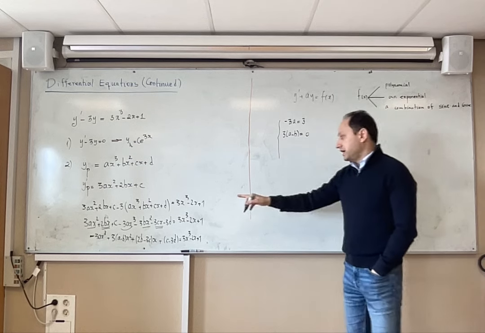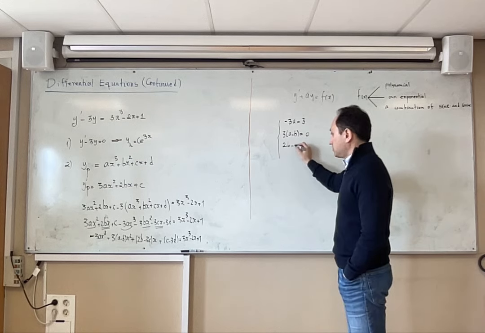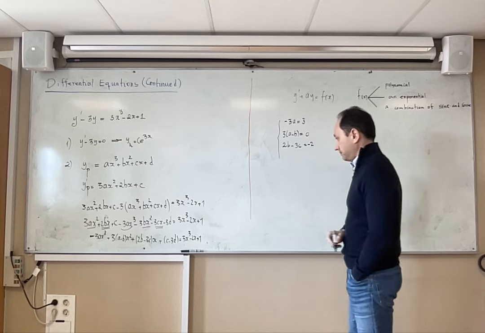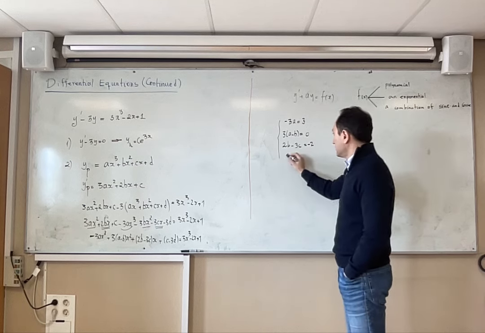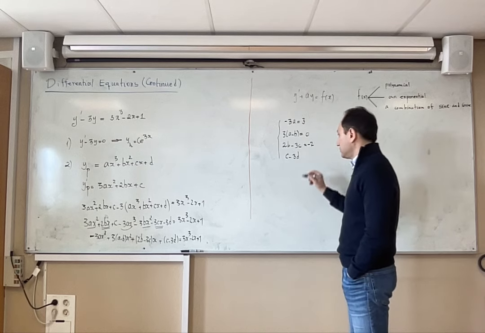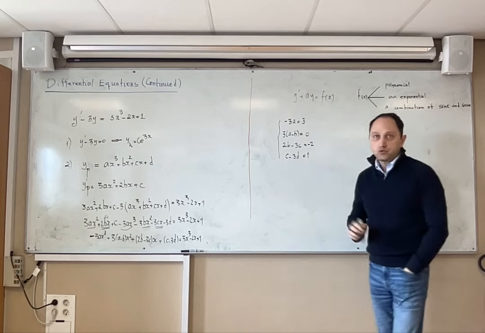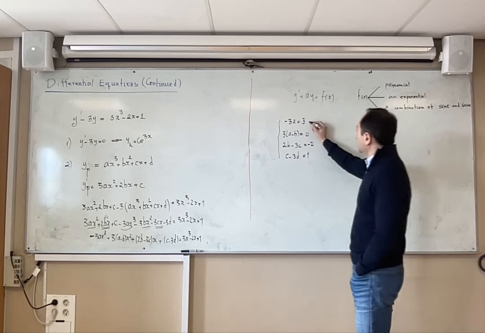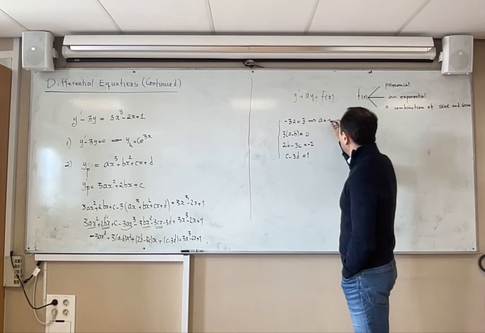The coefficient of x on the left is 2b minus 3c. The coefficient of x here is minus 2. And finally, the constant term is c minus 3d. The constant term here is 1. So I have to solve this system. It is lengthy, but it is not guesswork anymore. Yes? So a becomes what? Minus 1.